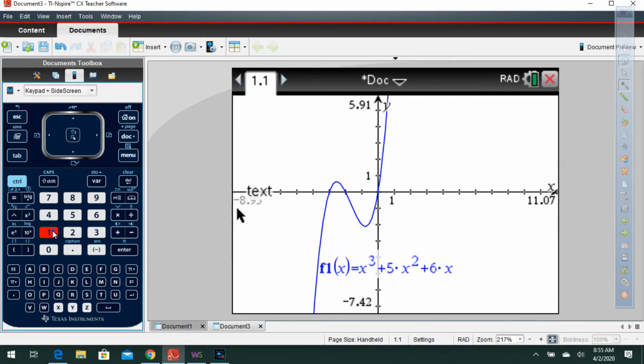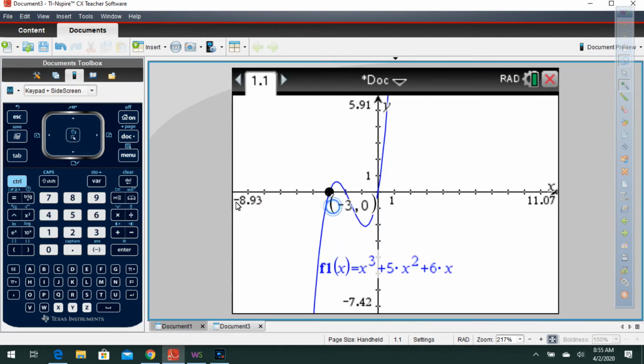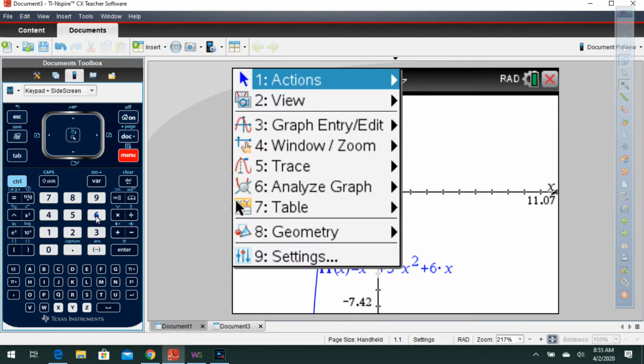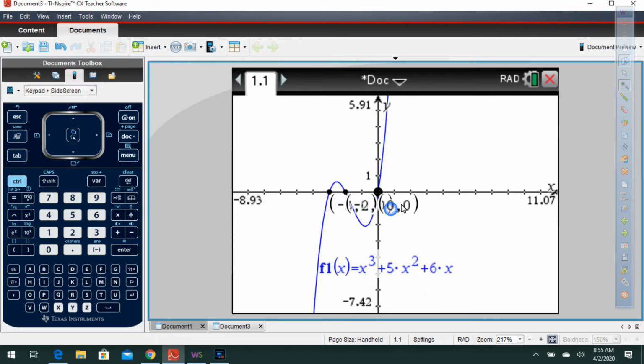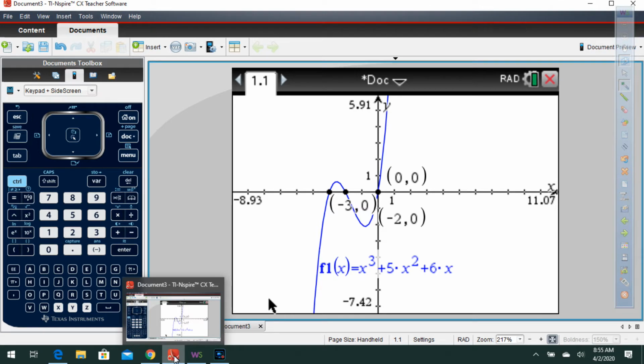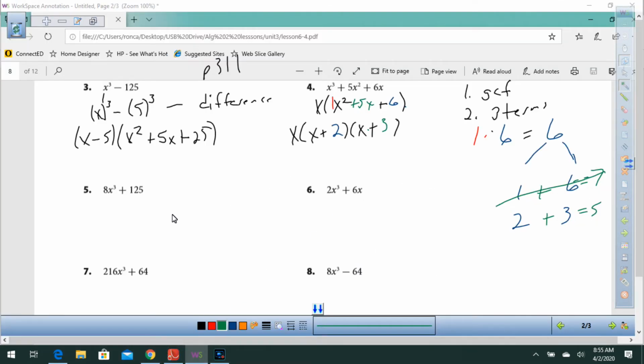Menu 6, 1. Menu 6, 1. And menu 6, 1. So you have 0. All right. So that gives you x equals -3, x equals -2, and x equals 0.